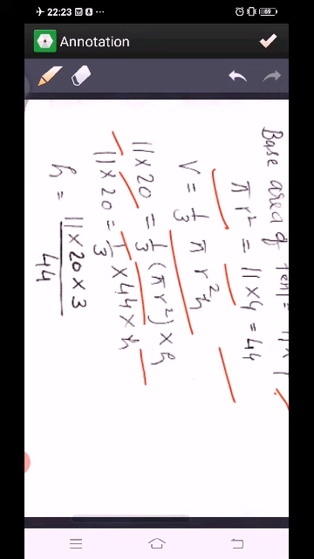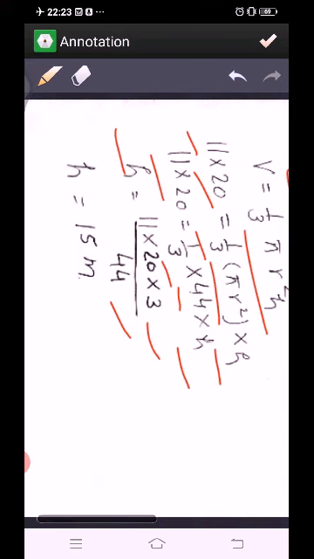So straight away we can put the value of pi r square, that is 44. So we will put here 11 into 20 equal to 1 by 3, and in place of pi r square we put 44 into h. So h is equal to 11 into 20 into 3 upon 44. So we get height is equal to 15 meters.